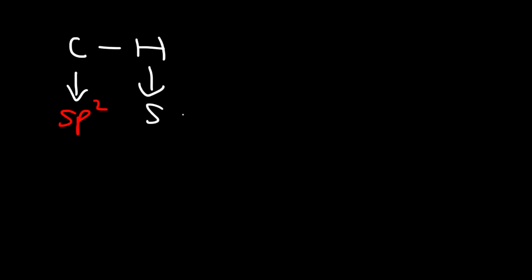So for the CH bond, we saw that the hybridization of carbon was sp2, and the hydrogen is basically an s orbital. And so the sigma bond of the CH bond, you can describe it as an overlap of an s and an sp2 orbital.